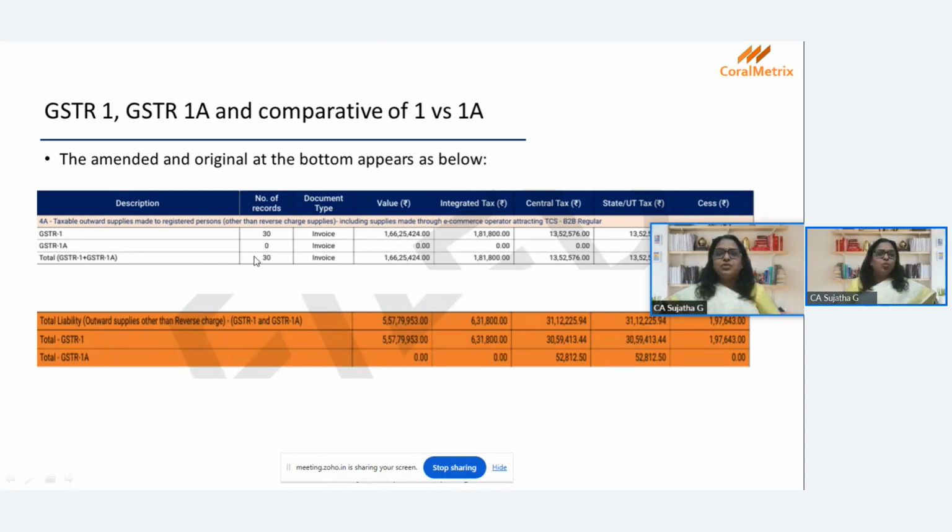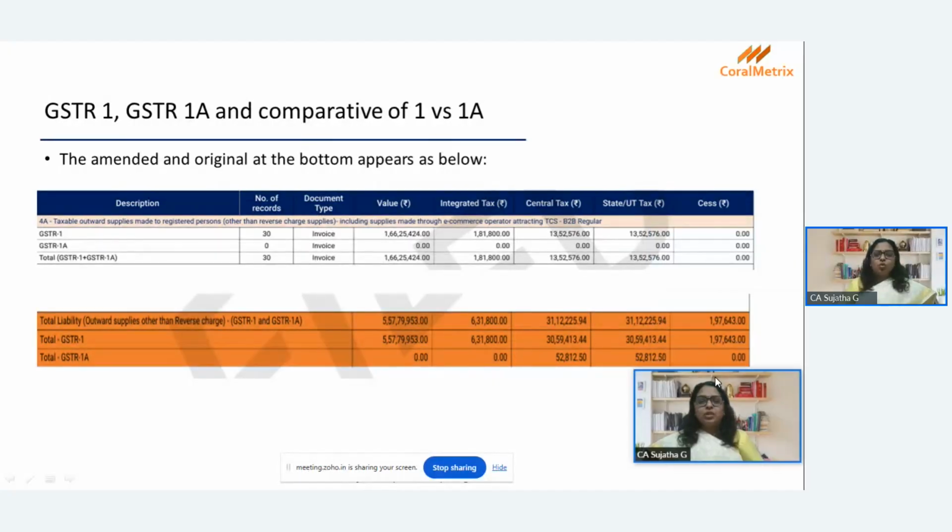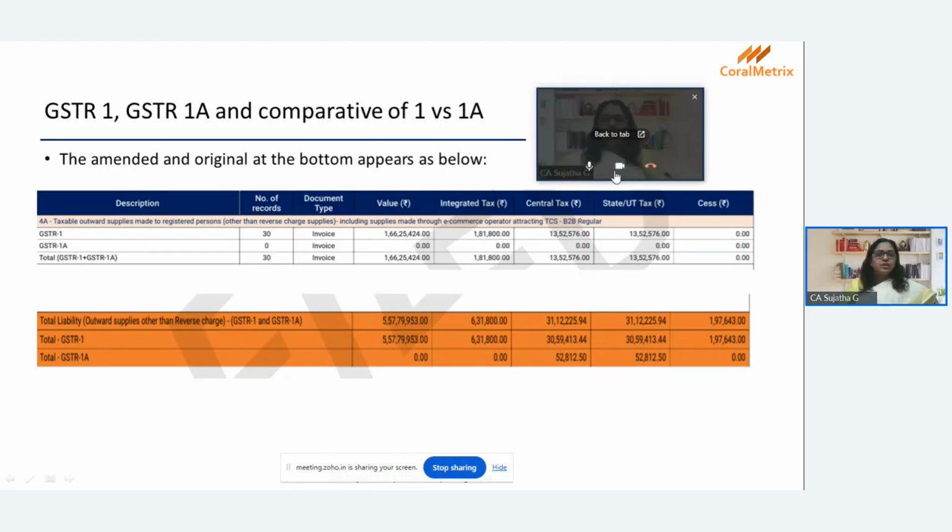GSTR 1 has got 30 invoices showing some value, and in GSTR 1A, the value that was missed out or was wrong is corrected. So the total that was carried out in GSTR 1 was 52,812. That was the central tax. The tax amount was wrongly punched. So by this mechanism, you will get to know what exactly was missed out.